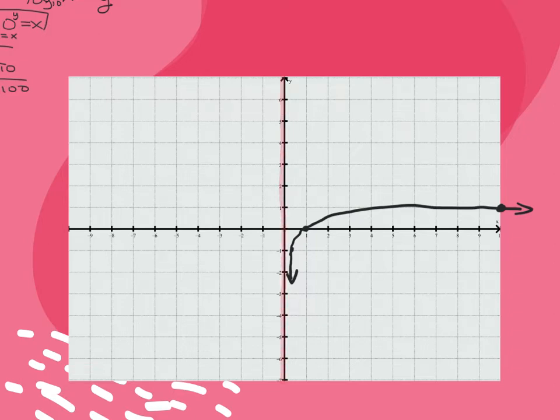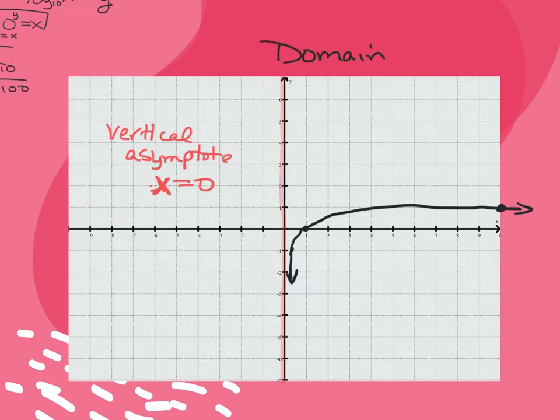So again, you're going to identify this vertical asymptote, and it is the equation x equals 0. And then I have my domain, which is the same as before. It's all the x values that are greater than 0 and going to infinity.